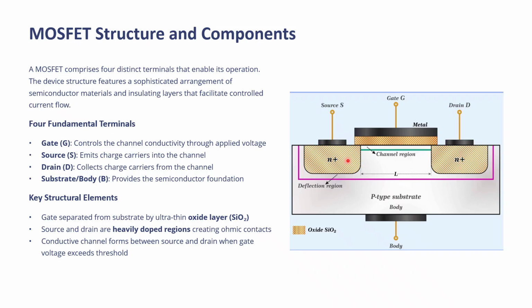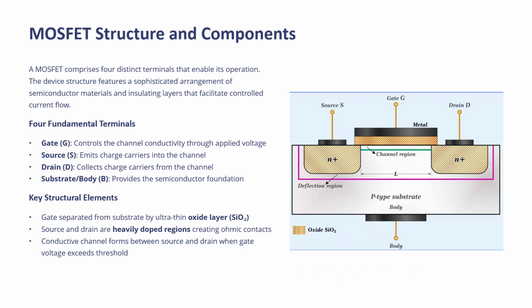Between the source and the drain is the channel region. And on top of the substrate is the gate, which controls the channel conductivity through applied voltage, and the gate is separated from the substrate by a small strip of silicon oxide.